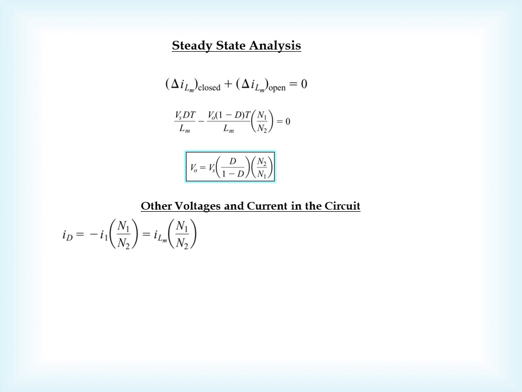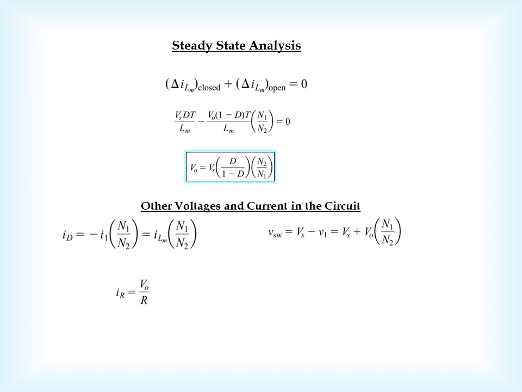अगर बाकी करंट और वोल्टेज की बात करें तो डायोड करंट क्या होगा, it is minus of I1 into N1 upon N2, because of the polarity of the diode, the current flow is negative of the primary current, right. We have already found that using KVL the voltage drop across the switch is Vs minus V1, the primary voltage, which is equal to minus V0 into N1 upon N2.